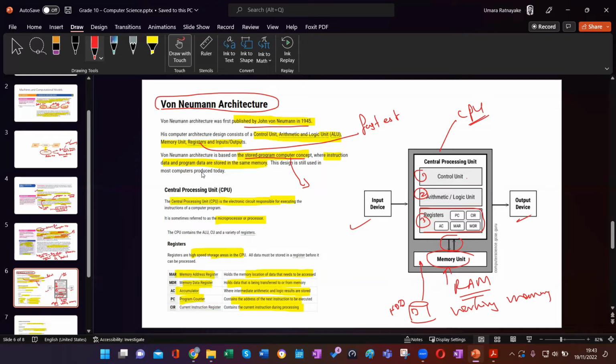So the stored program concept brought by von Neumann is where the program is brought from the hard drive to the RAM, and from the RAM it is supplied to the registers. So after this concept, programmers could write a program, store it in the secondary storage, and run it anytime they wanted. So the whole computer system was changed. Why? Because before the stored program concept, they had to feed the data and instructions separately from outside, because the computer couldn't store that program.